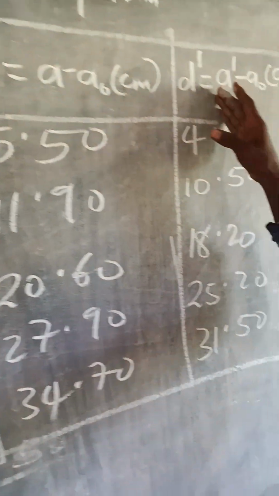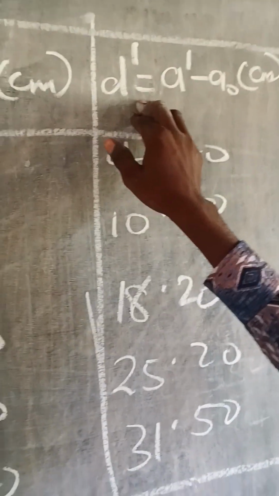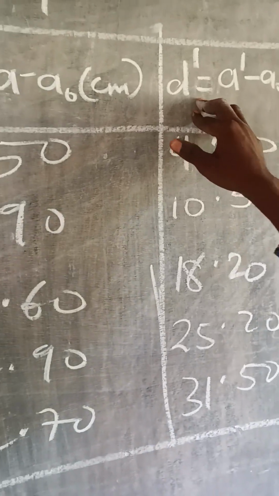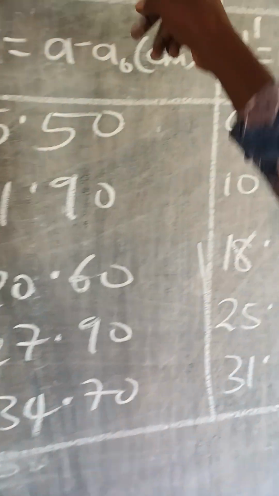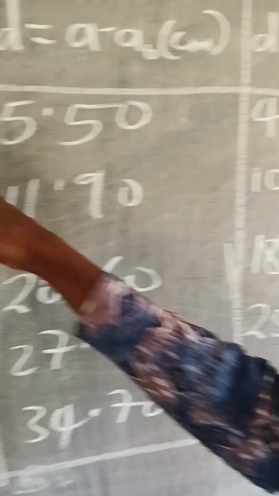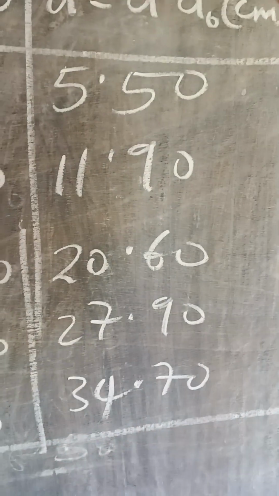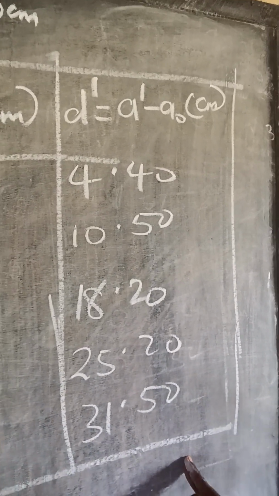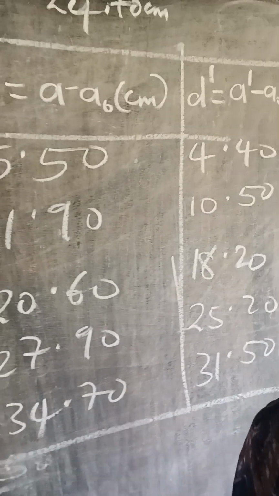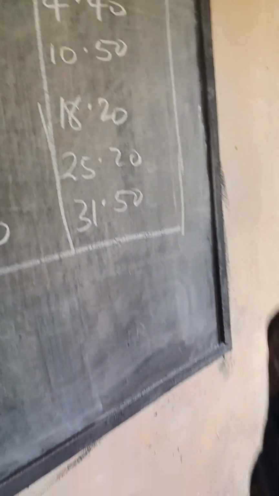Now this one is D prime, that is the deflection in water. And how do we get this? We say A prime is 29.1 minus 24.7, which gives us this. All these values here minus this will give us these values. Do you understand? So this is how we get the table. Any question?